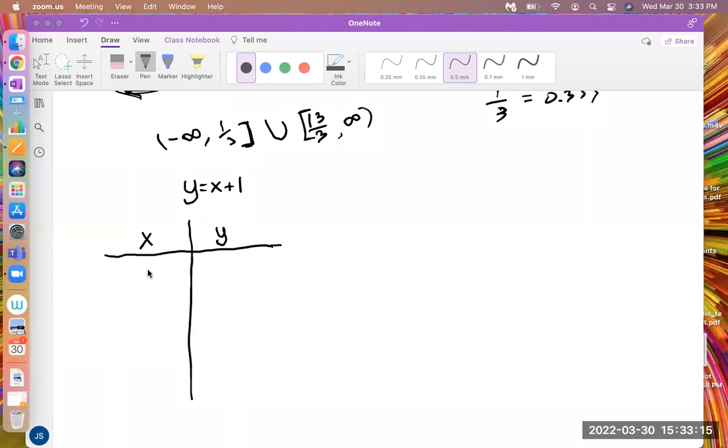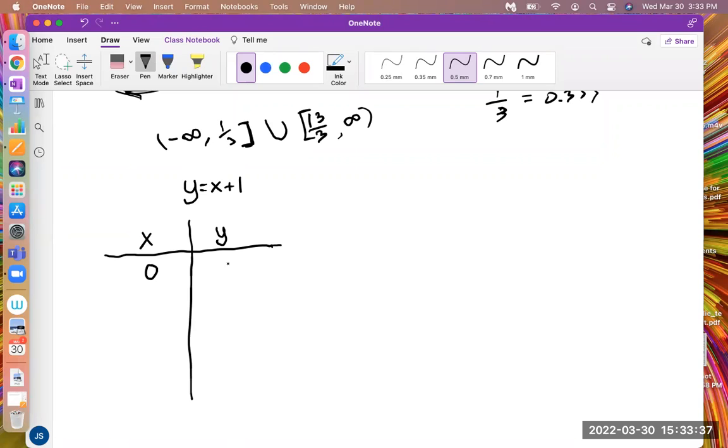We choose an x value, plug it into the equation for x, and then find the corresponding y value that goes with that x value.